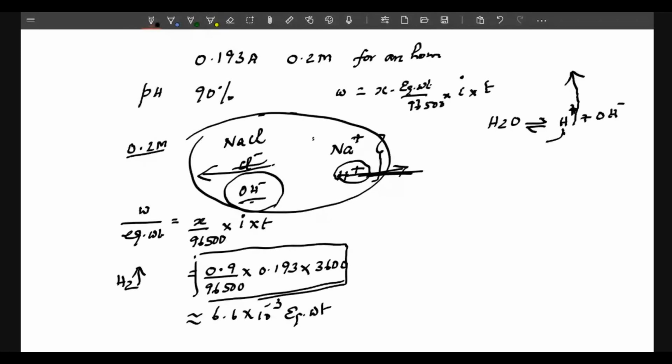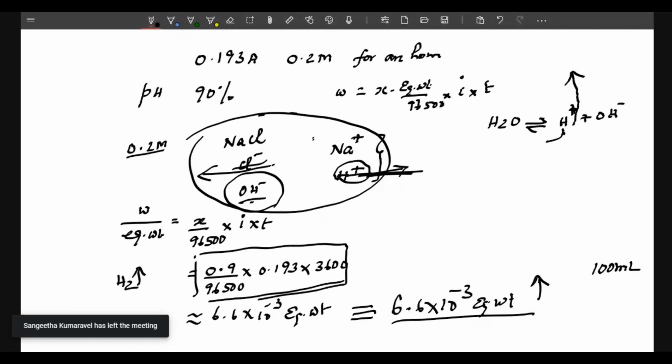Therefore, so many equivalents of OH- ion concentration are increased. Do you follow? This increase is in how much volume? This is increased in 100 ml of the solution.